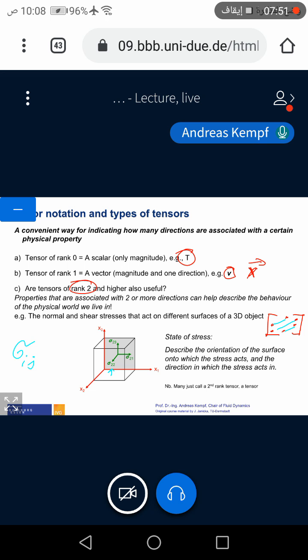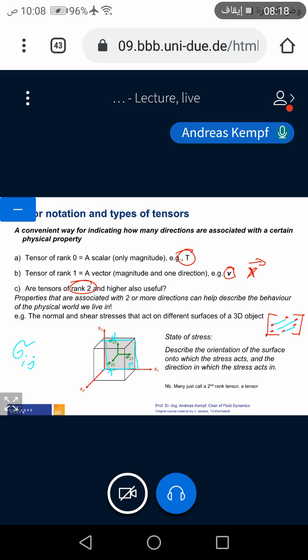The index i is the first index in this very case, and the first index gives the cutting plane on which we would discuss the stresses. So if we have a stress sigma 2j, then we look at this cutting plane, something that is normal to the second direction, and look at the stresses on the surface.